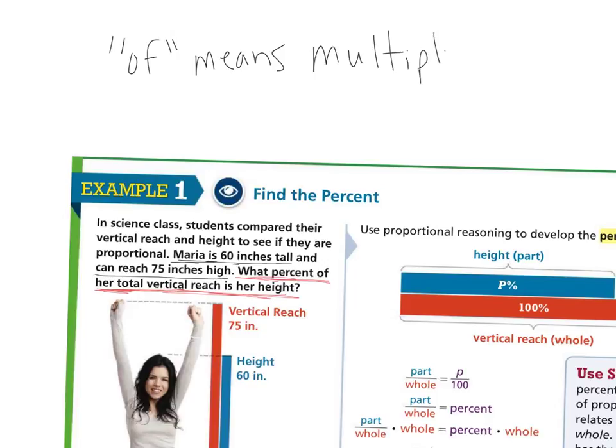Of means multiply, generally. The other thing is if we see the word is, means equals. And that information is not going to be found in your book, so you might want to write that down. That's kind of a key to doing the whole thing here.